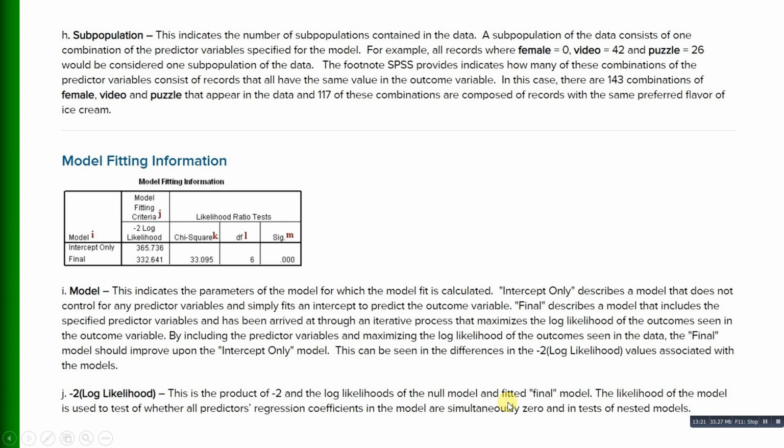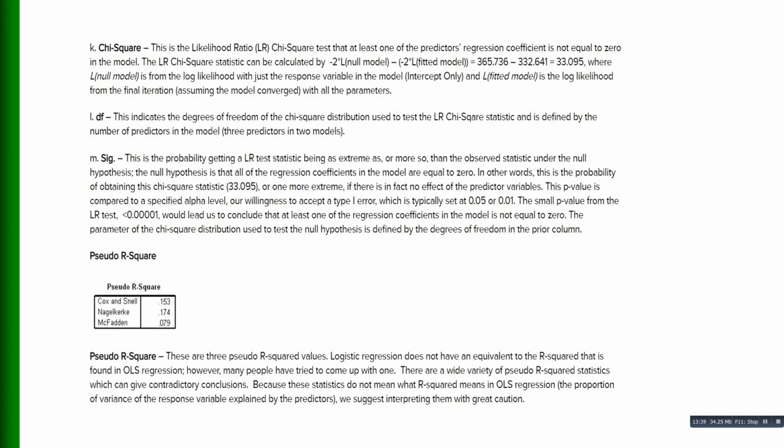Now the log likelihood of the model is used to test whether all predictors' regression coefficients in the model are simultaneously 0, and in tests of nested models, there is also a chi-square test, and this is the likelihood ratio chi-square test that at least one of the predictors' regression coefficients is not equal to 0 in the model.